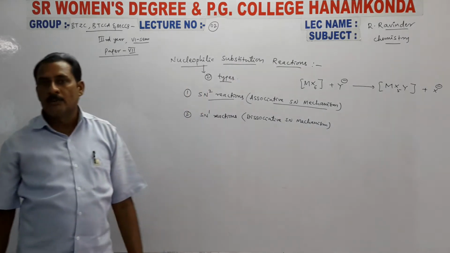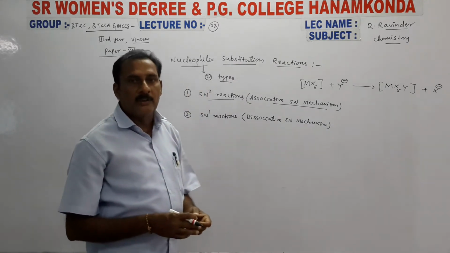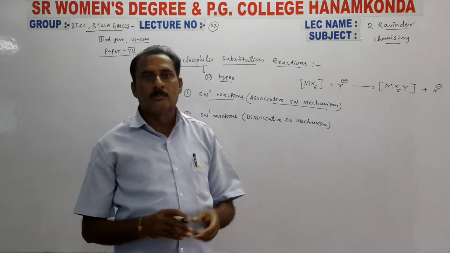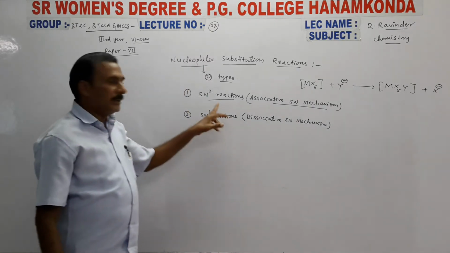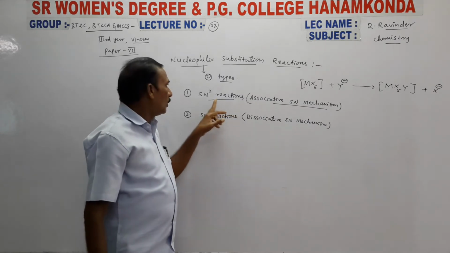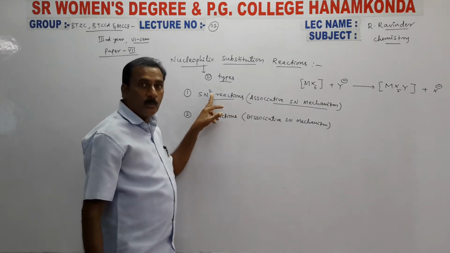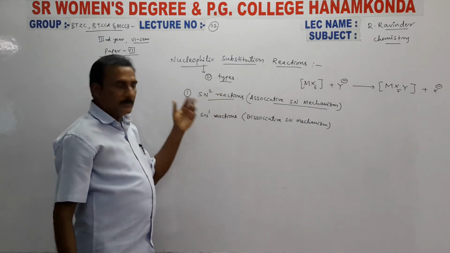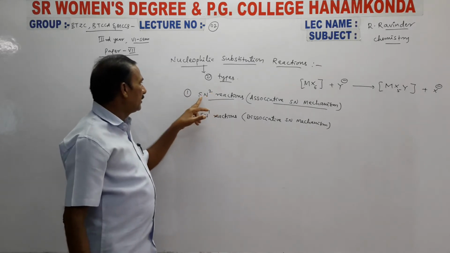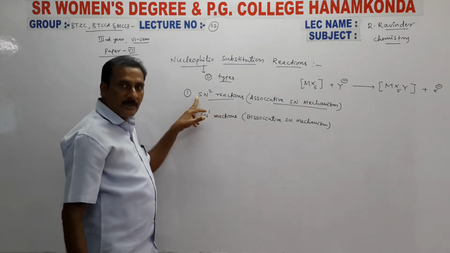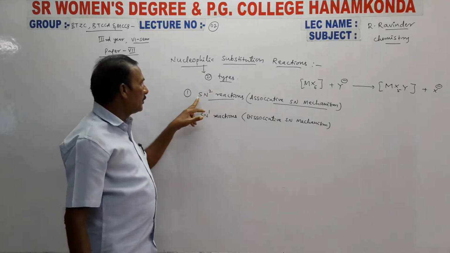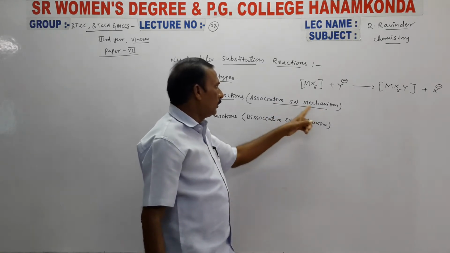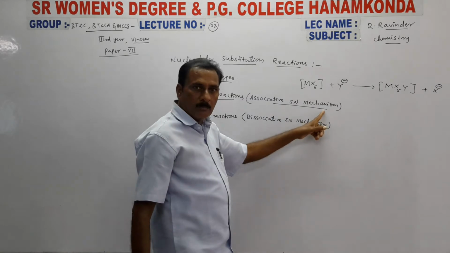Depending upon the mechanism, nucleophilic substitution reactions in inorganic reaction mechanism are of two types. One is the SN2 reactions, where 2 represents bimolecular. Bimolecular nucleophilic substitution reactions are the associative nucleophilic substitution mechanism.